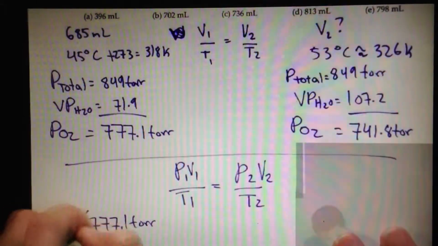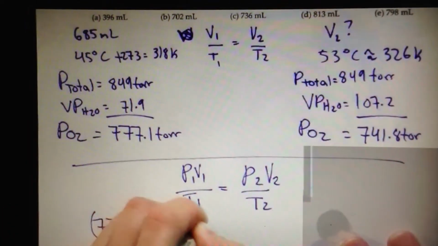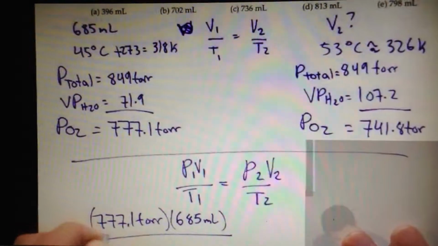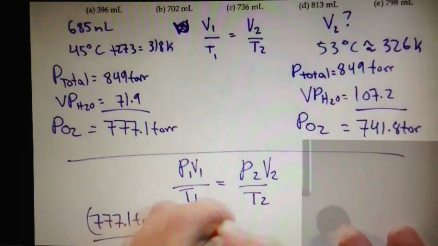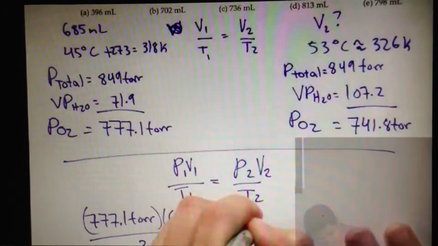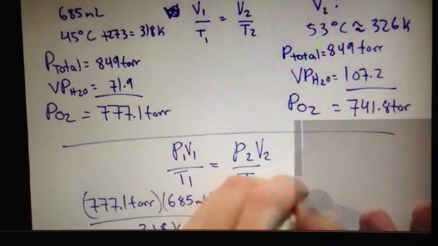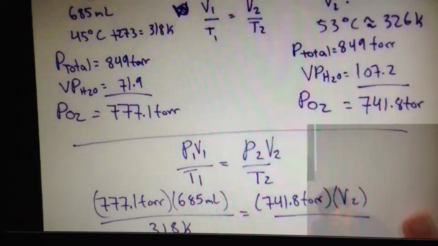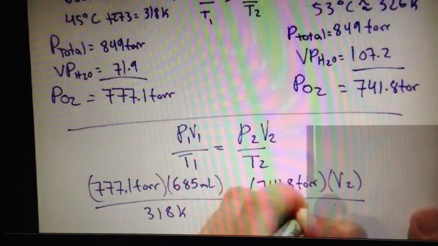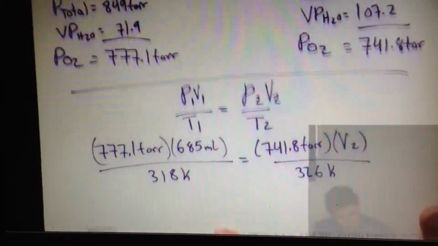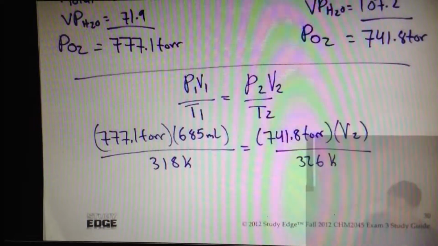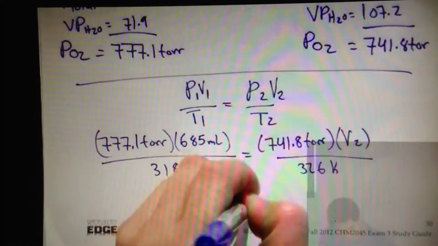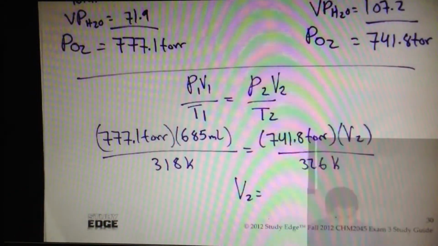So 777.1 torr, and the volume is 685 milliliters, all divided by 318 kelvins, equals P2, which is 741.8 torr, and V2 is unknown, all divided by T2, which is 326 kelvins. Okay, so I'm going to solve for V2, which is our final volume.